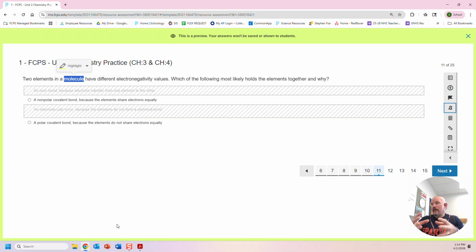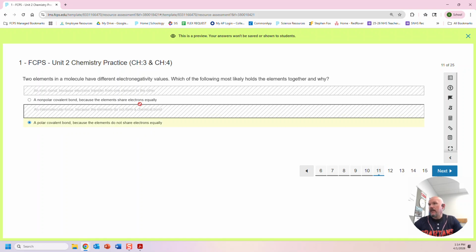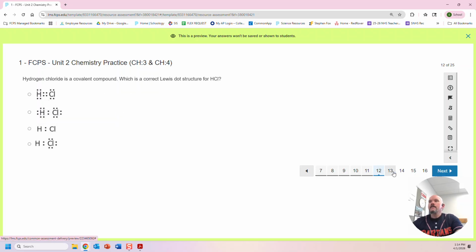If they had the same electronegativities, it would be a nonpolar bond, but different electronegativities in a covalent bond makes it polar, okay? So I want to select: it's a polar covalent bond because the elements do not share electrons equally because they have different electronegativities.